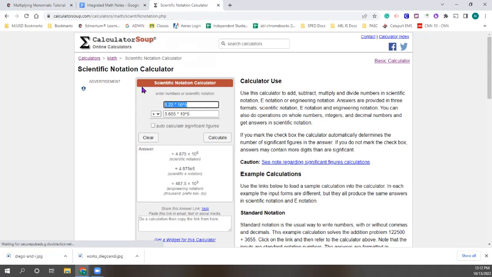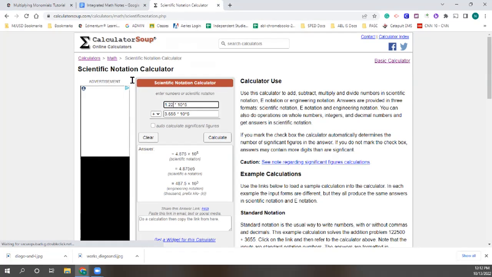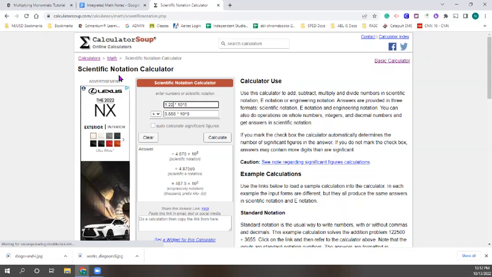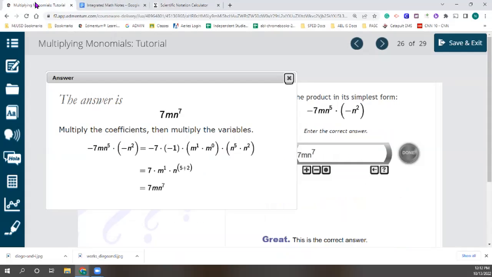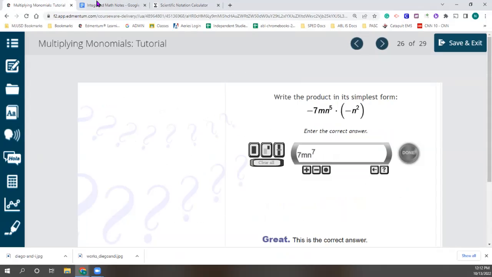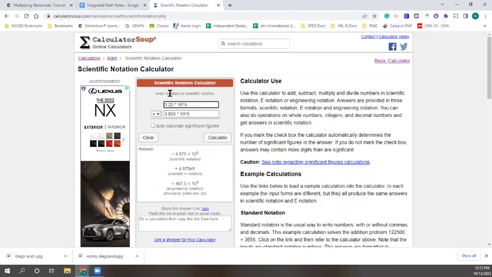It was m to the exponent 1 multiplied by m to the 0. So on here, what would be the equivalent? Let's say 5 exponent 1.